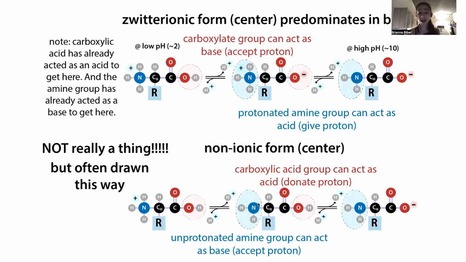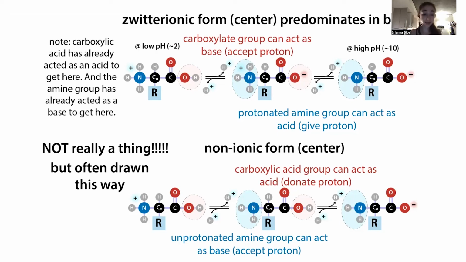Whereas the nitrogen is happier to take a proton, and so it's going to protonate more easily than the oxygen. If you're at a pH low enough to protonate the oxygen, you'll have already protonated the nitrogen. And if you go down in pH, you're going to protonate that nitrogen before you protonate the oxygen.